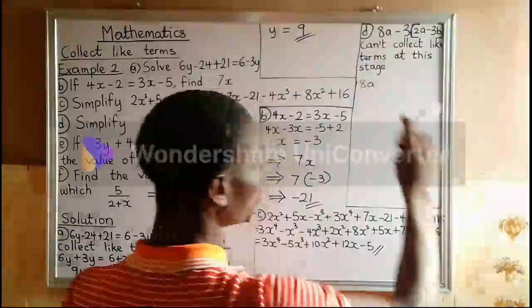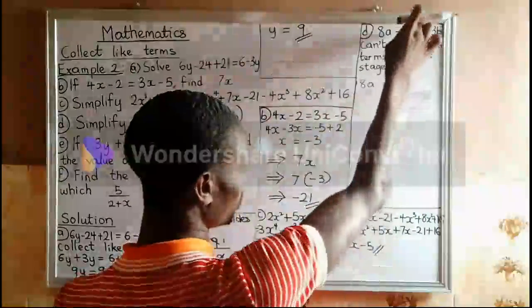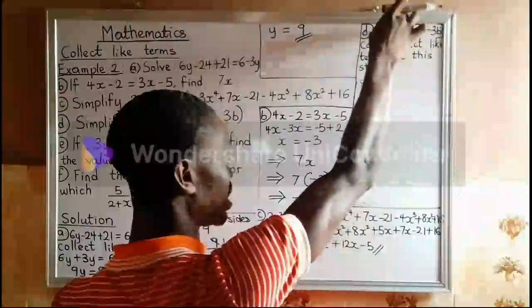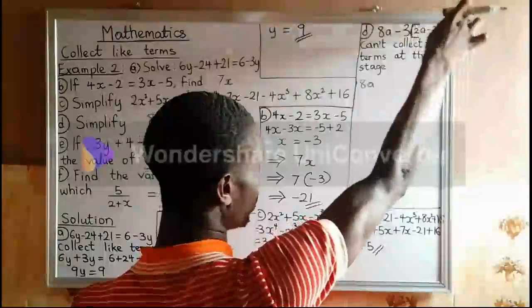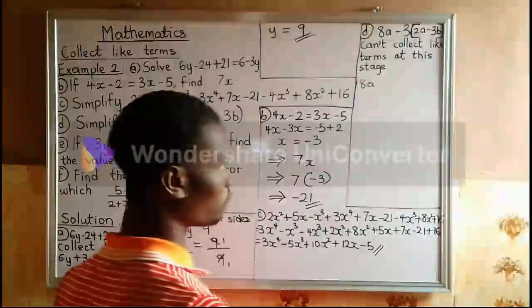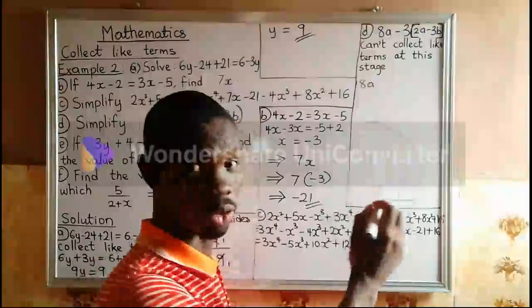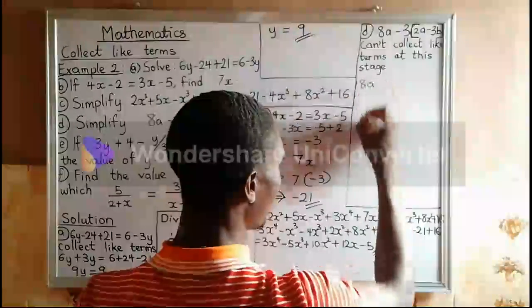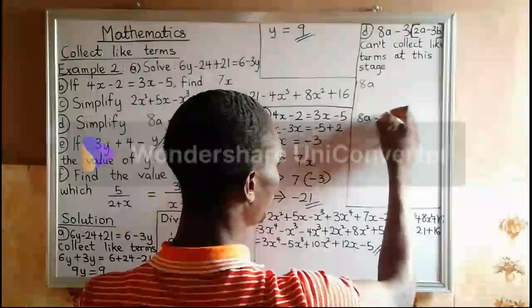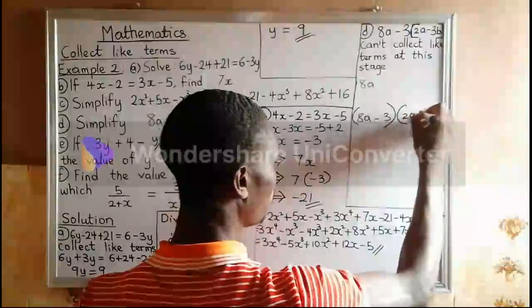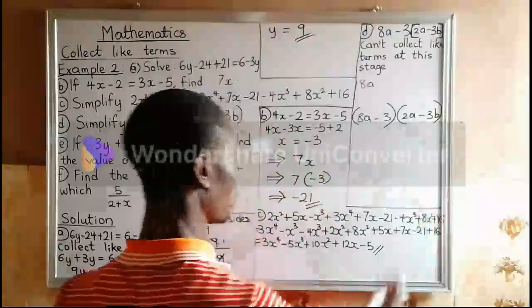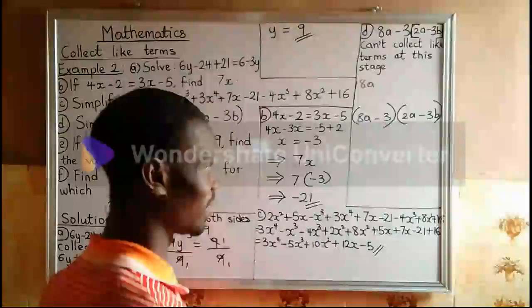Don't confuse it for saying 8a minus 3 separately, then in bracket 2a minus 3b. No, that will be wrong. If it is that way, it will be better expressed as 8a minus 3 bracketed, and then 2a minus 3b also bracketed. So these and these are not the same.